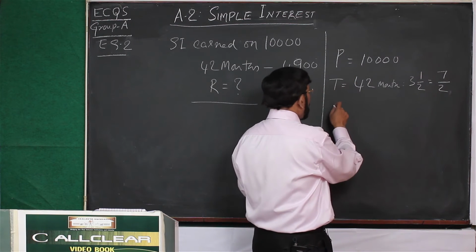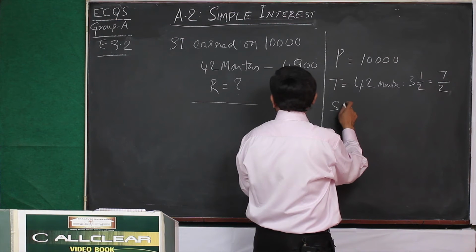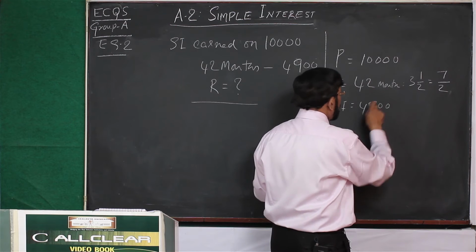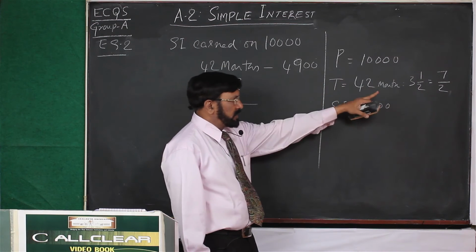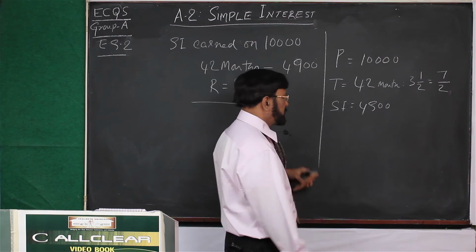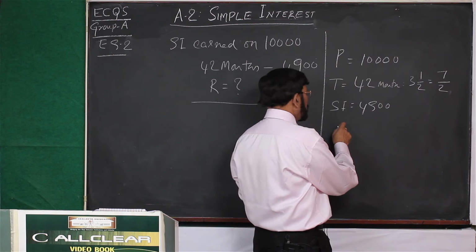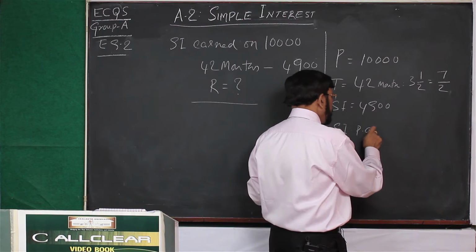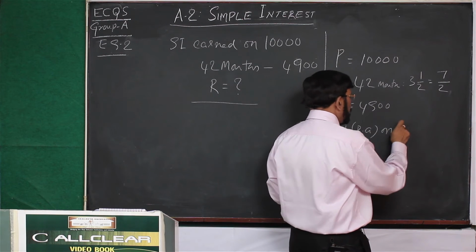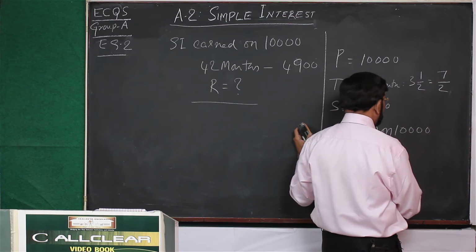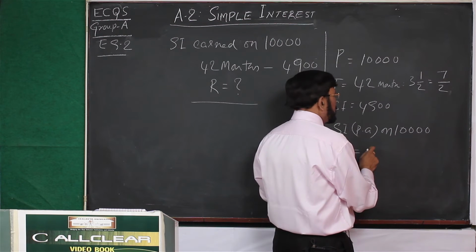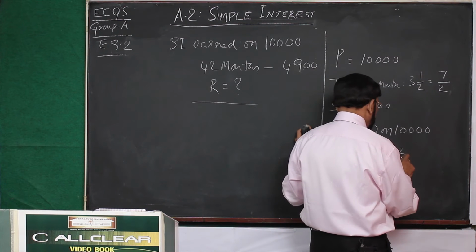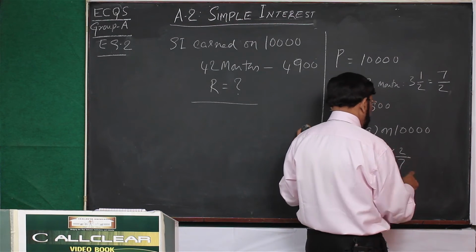Now, simple interest was given, that is 4,900 for 7 by 2 years or 3.5 years. So, simple interest per year, per annum on 10,000 is equal to 4,900 into 2 by 7.